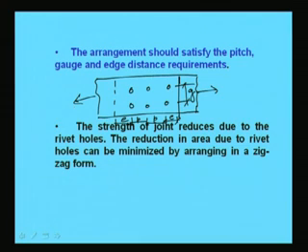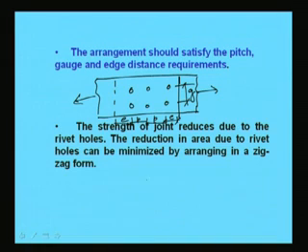Another parameter is that the strength of the joint reduces due to the rivet holes. We calculated the efficiency earlier, and the strength of the joint reduces because of the reduction in area due to rivet holes. This reduction can be minimized by arranging the rivets in a zigzag form.